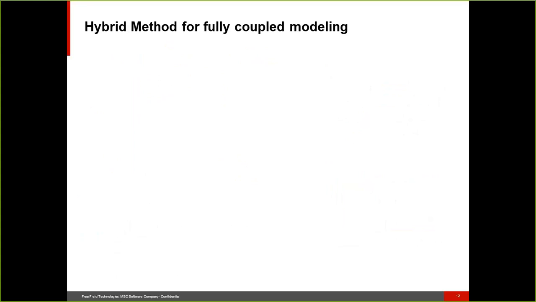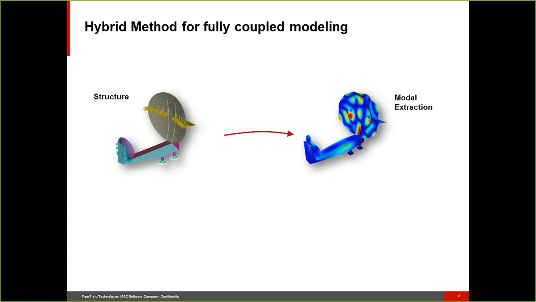The masking effect and broadband pressure modeling are used inside the hybrid method. The hybrid method in Actran relies on intermediate results provided by external tools for modeling the structure. The structure is in modal coordinate system thanks to a first modal extraction analysis that can be performed with Nastran.